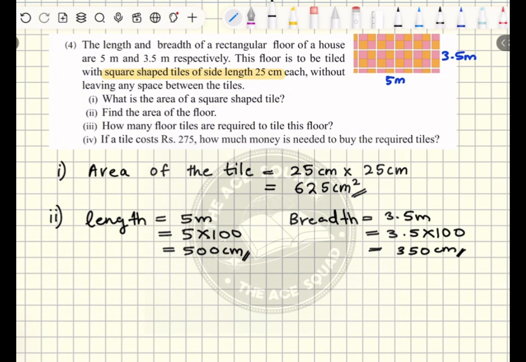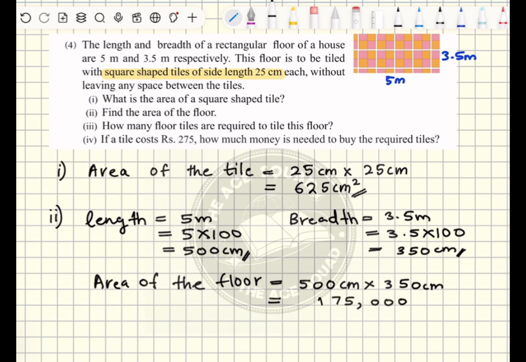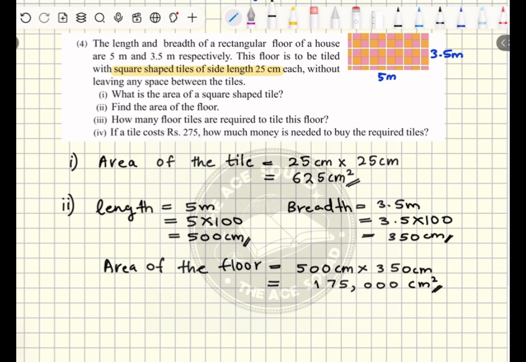So using that, we can get the area of the floor, which is length into breadth, 500 centimeter multiplied by 350 centimeter, which is going to be 500 times 350, 175,000 centimeters squared. Okay, so quite a big number, but you don't have to worry.